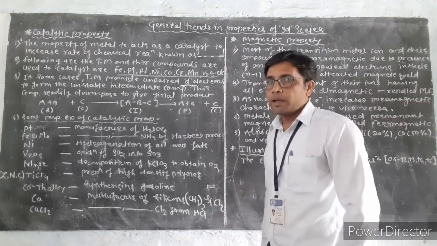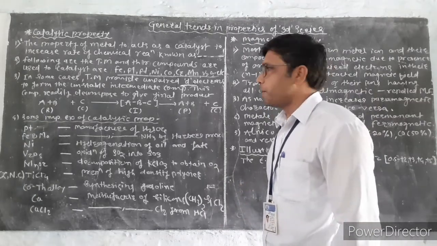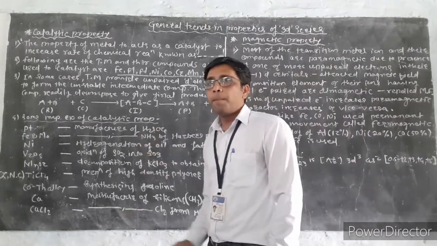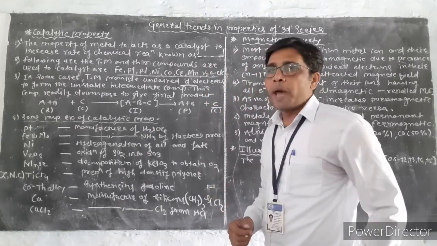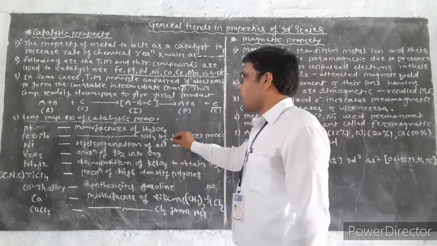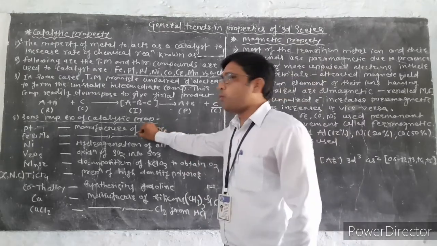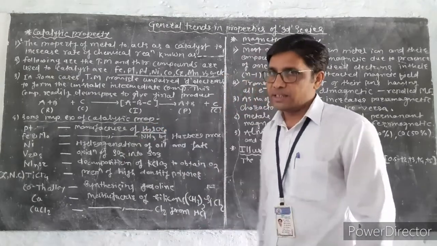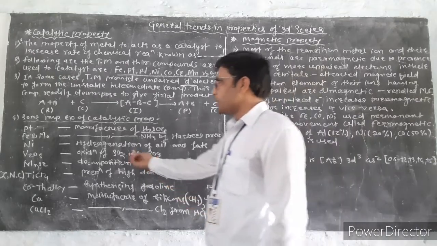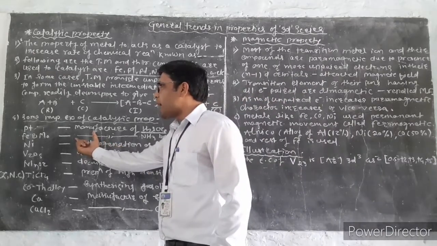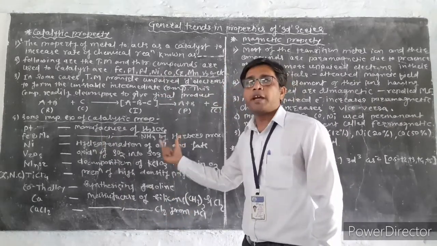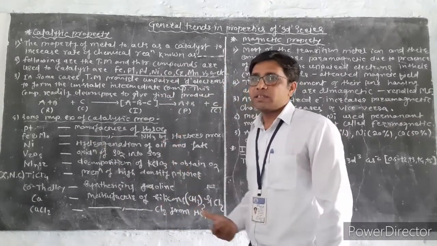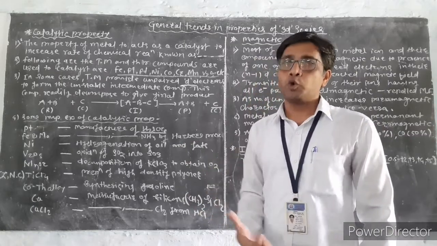फॉर एक्झाम्पल, इन अ 3D series element जर आपण कन्सिडर केला, प्लॅटिनियम आहे, that is also used to manufacture H2SO4, sulfuric acid. Then another, iron as well as molybdenum are used to make ammonia gas by the Haber process.